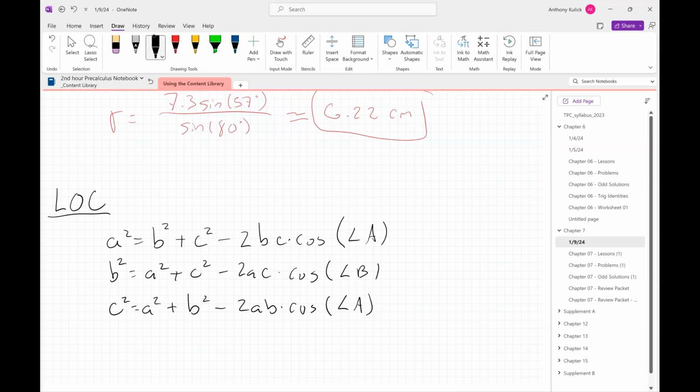So law of cosines has like 3 versions, depending on kind of which side. But they're just the same version, just like the labels have been changed, right? What does this formula kind of look like? It looks like the Pythagorean theorem, right? If I look at just this part, it looks like a squared plus b squared equals c squared. And we have just like this extra correction factor then at the end.